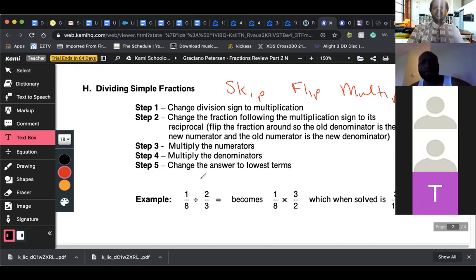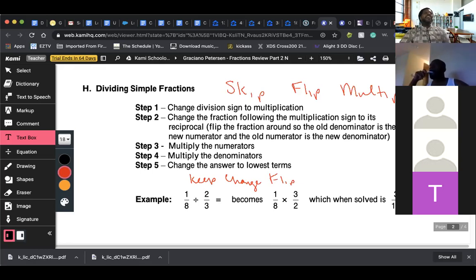So that's the rule. People also say keep, change, flip, which means to keep the first fraction, change from division to multiplication, and then flip the second. So it's keep, change, flip. But the one that I learned was skip, flip, multiply.